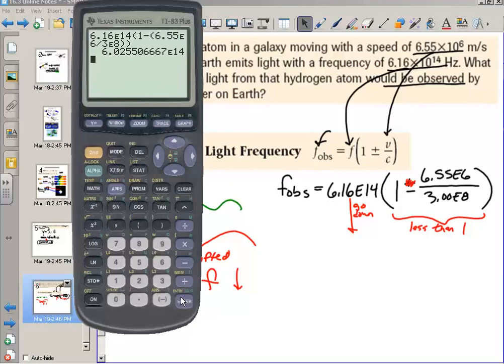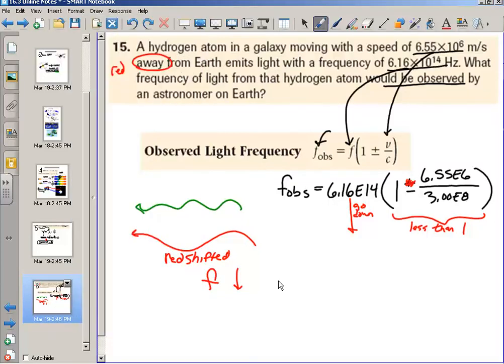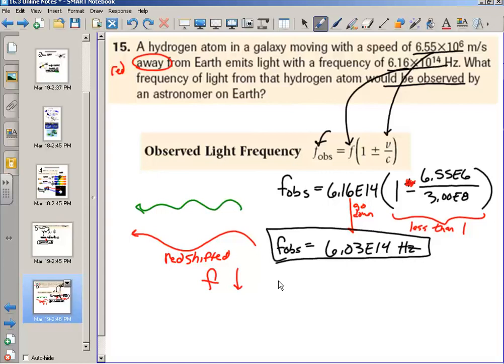That gives 6.03 times 10 to the 14th. Oh, that seems right, because it did go down, and that's what I expected. So I subtract to make it go down, I add to make it go up.